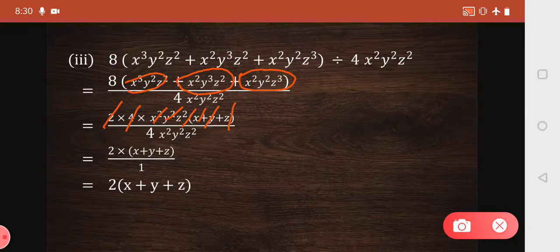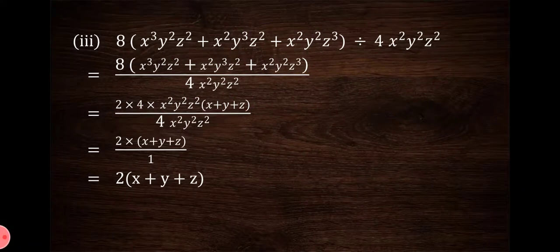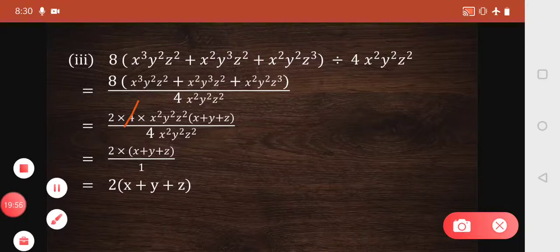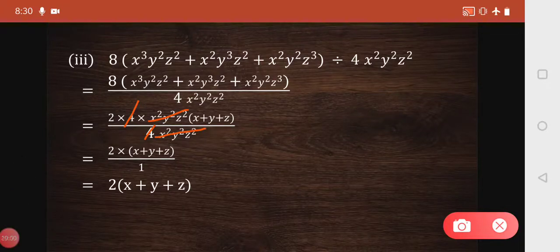So we will get 2 into 4 into x square y square z square into x plus y plus z, upon 4x square y square z square. Now again you can see that 4 we can cut, and x square y square z square in the numerator and denominator we can cut.